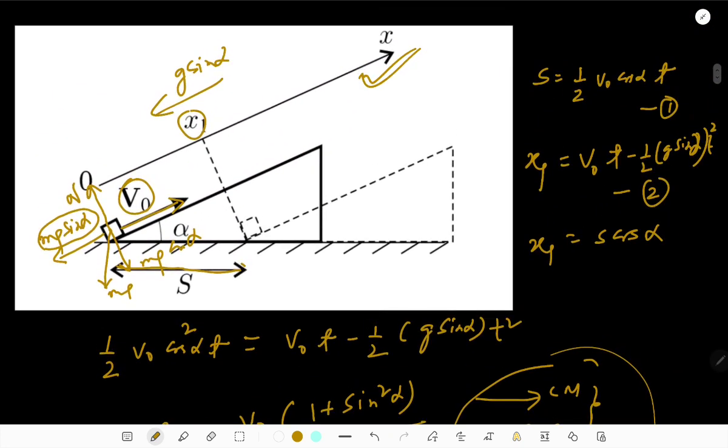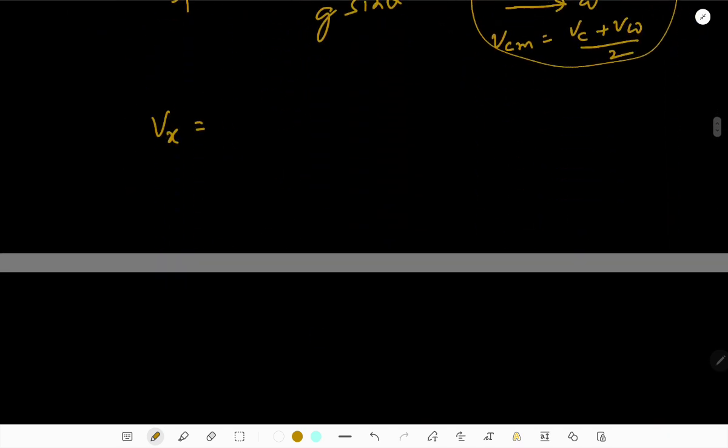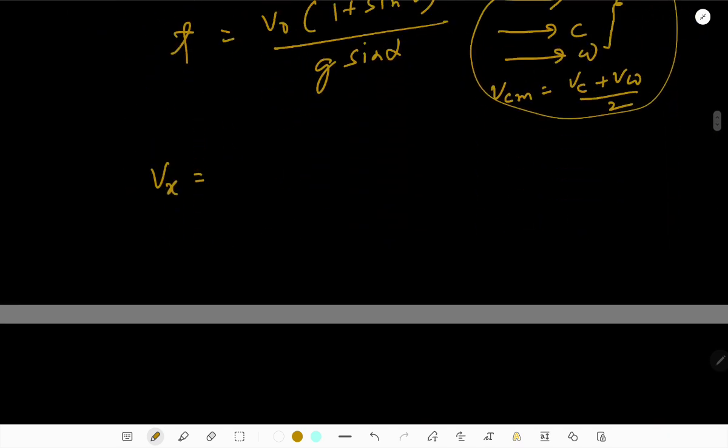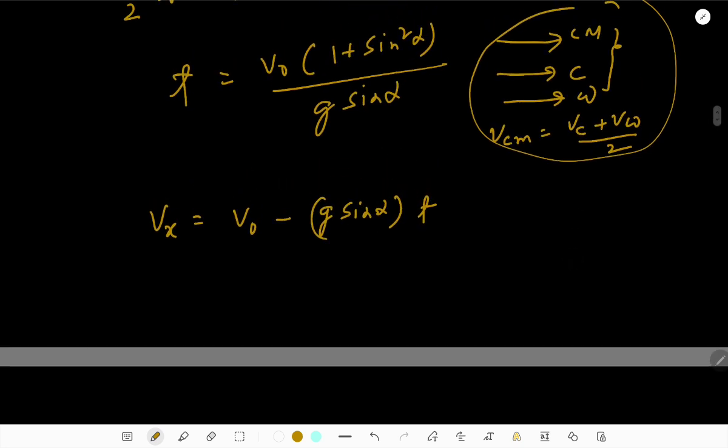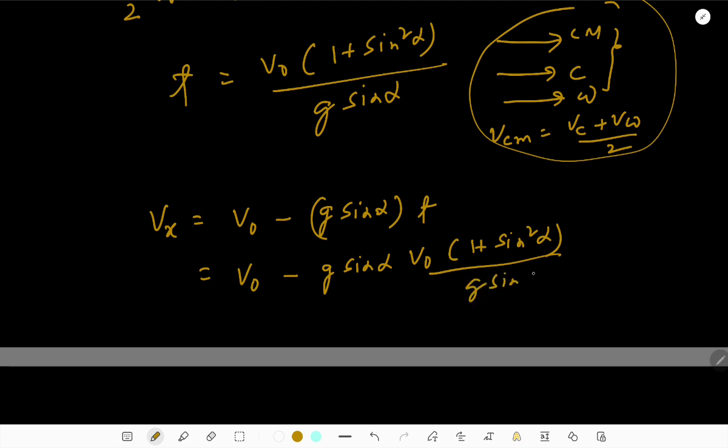I can write vx equals v naught minus g sine alpha t, and t is here, and I put those values. v naught minus g sine alpha t is v naught (1 plus sine square alpha) upon g sine alpha times g sine alpha.